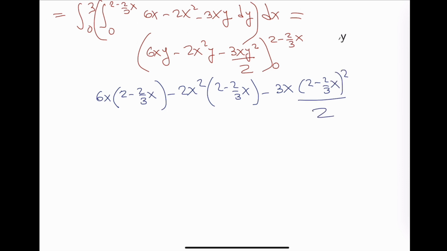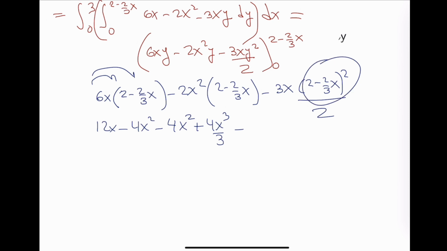And so doing the operations here and simplifying, we have to multiply everything here, so we get that this is 12x minus 4x squared minus 4x squared plus 4x cubed over 3 minus, we need to do this square here, that will be 4 minus 2 times 2 times 2 over 3x, and then plus 4 over 9x squared.